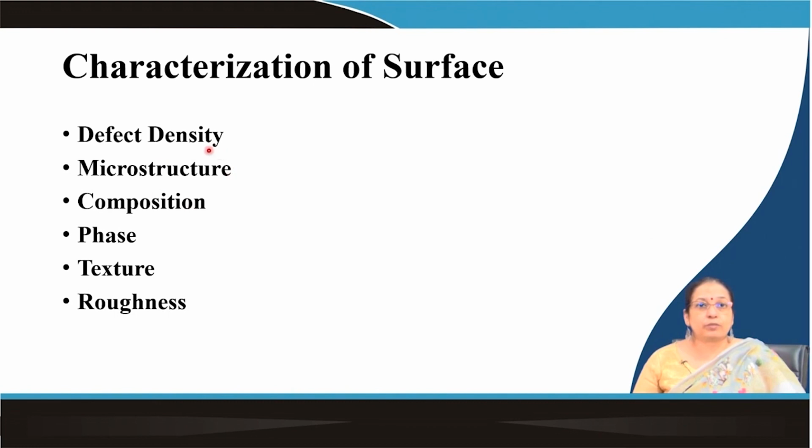Whenever you talk about microstructure, it consists of several components like grain size and grain size distribution, the phases which are there in the microstructure, the morphology in which the grains are growing, and also the texture, that is the direction in which the grains are growing.